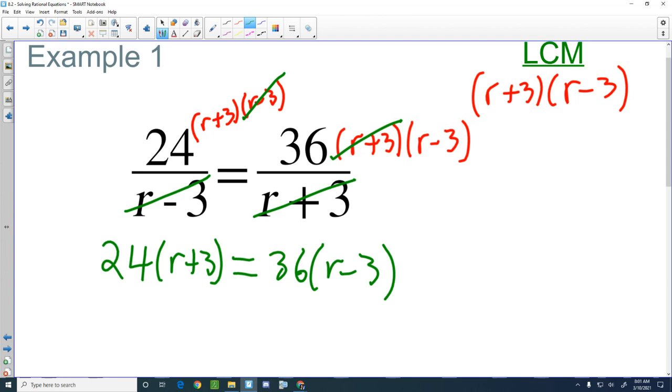Otherwise, multiplying everything by the LCM is another valid technique to get rid of fractions. Cool? Maybe? Kind of? We'll keep practicing.